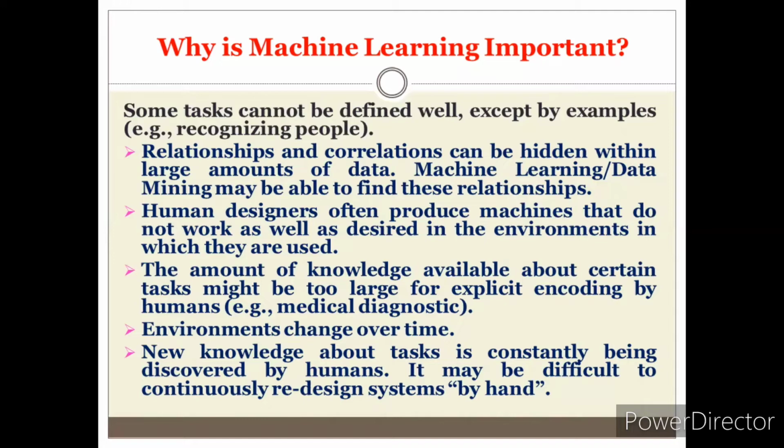So it may be difficult to continuously redesign the systems by hand. When changes are happening frequently, if you want to design or modify the system every time, it takes a lot of cost, time, and everything. So instead of that, you design a general system that keeps on learning by itself with the help of experience, self-learning experience, or the database given by humans to that particular machine.